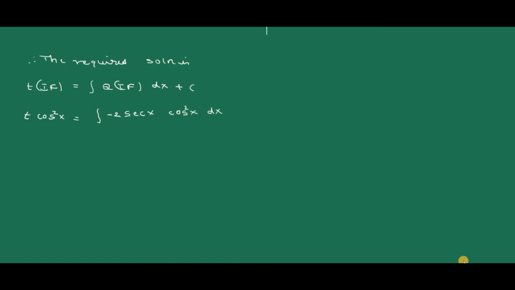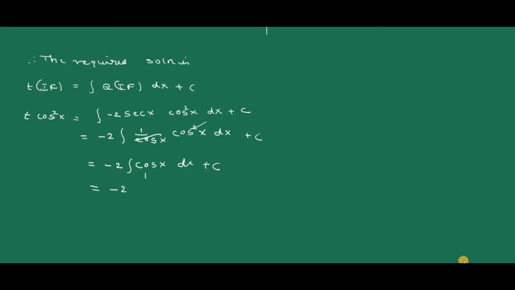into dx plus c, is equal to minus 2 as it is, integration of sec x, which we can write as 1 divided by cos x into cos square x into dx plus c, where one of the cos x cancels, so we get minus 2 integration of cos x dx plus c. What is the integration of cos x?